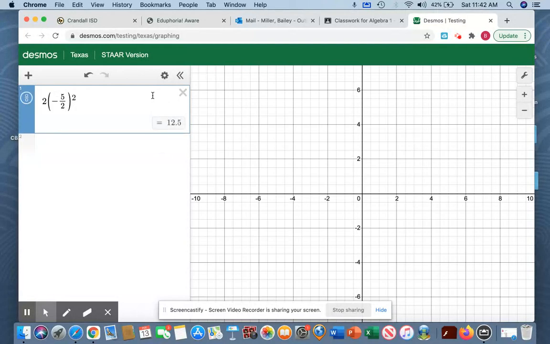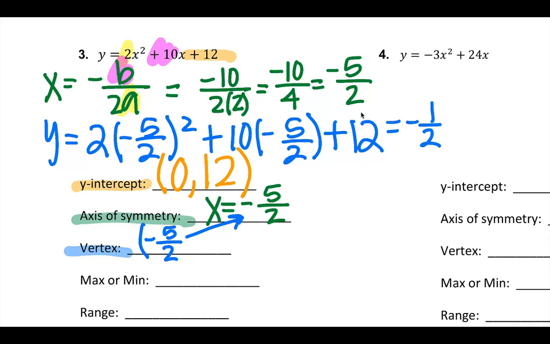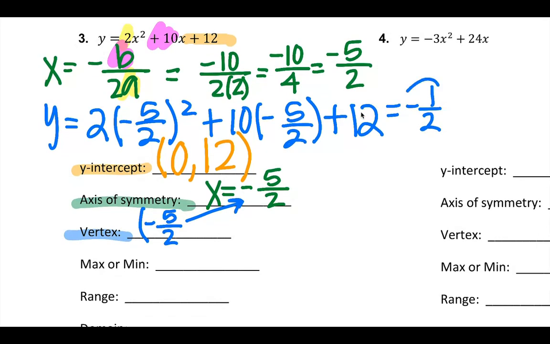Square that plus 10, times negative 5 divided by 2 plus 12. And I get negative 0.5 or negative 1/2. So this is equal to negative 1/2. So I'm going to use this here, come down here, I've got negative 1/2.